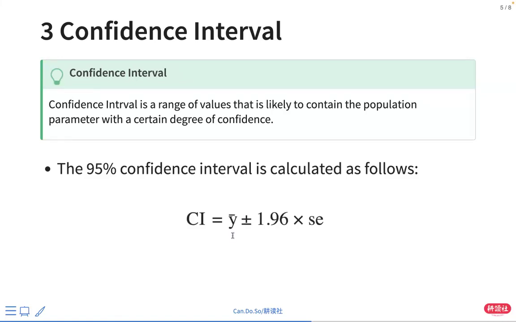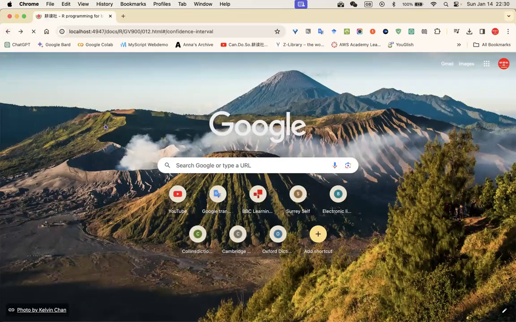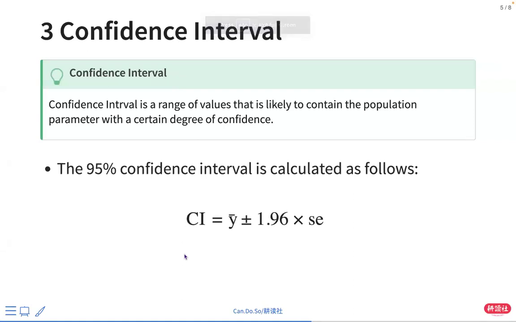CI is short for confidence interval and equals y bar, the mean of the sample, plus or minus 1.96 times the standard error.